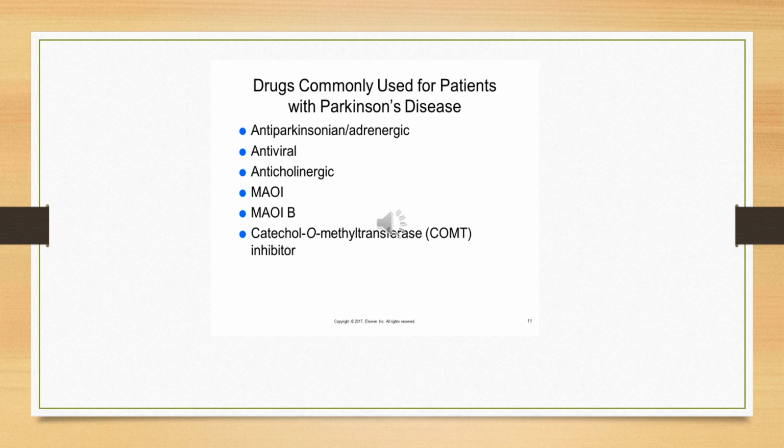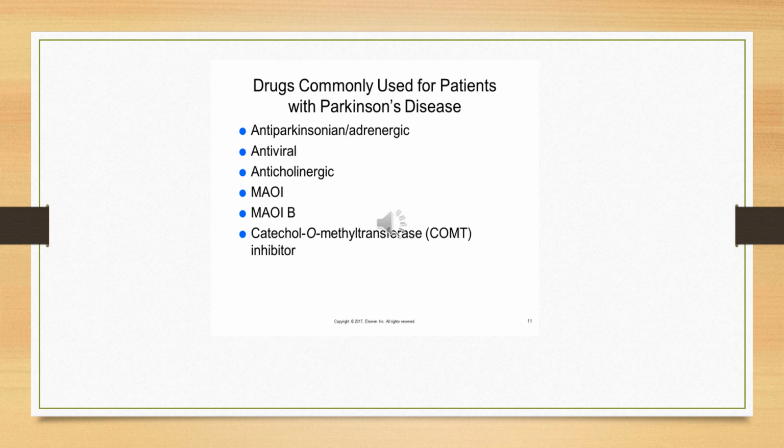They might also be on antivirals to decrease the bradykinesia and the rigidity. They might be on anticholinergics to help decrease their tremors as well. MAO inhibitors also help decrease tremors and rigidity.